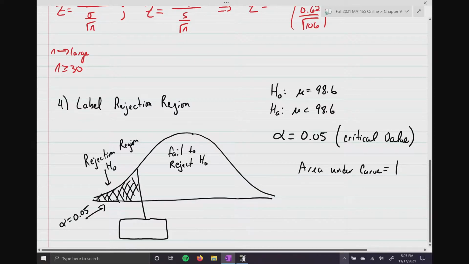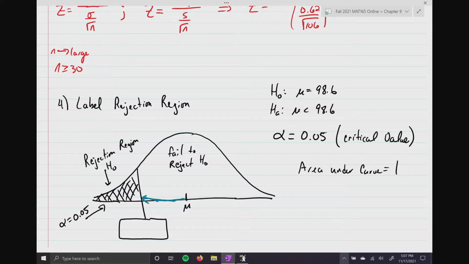Okay? So, I'm going to find in my z-score table an area of 0.05, because if mu is the population mean right down the middle, what I'm going to find is this distance right here that separates my rejection region from my fail to reject region.